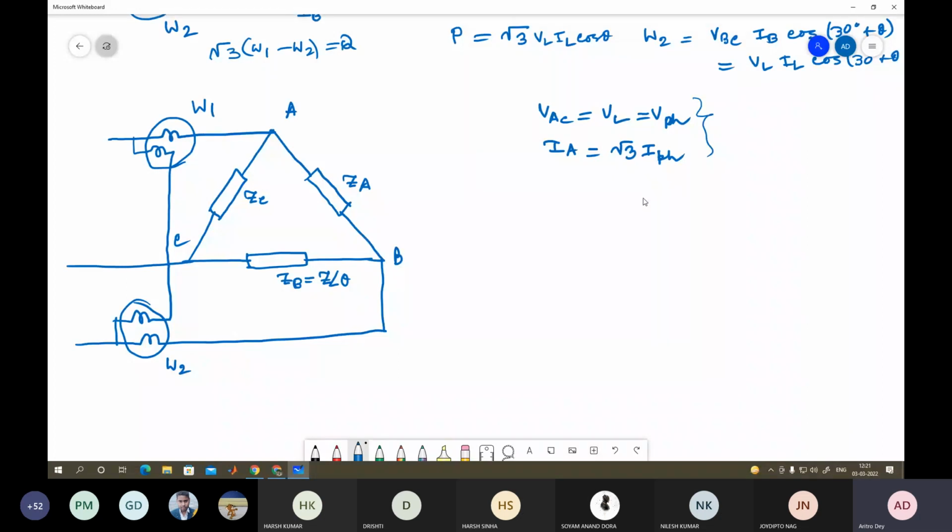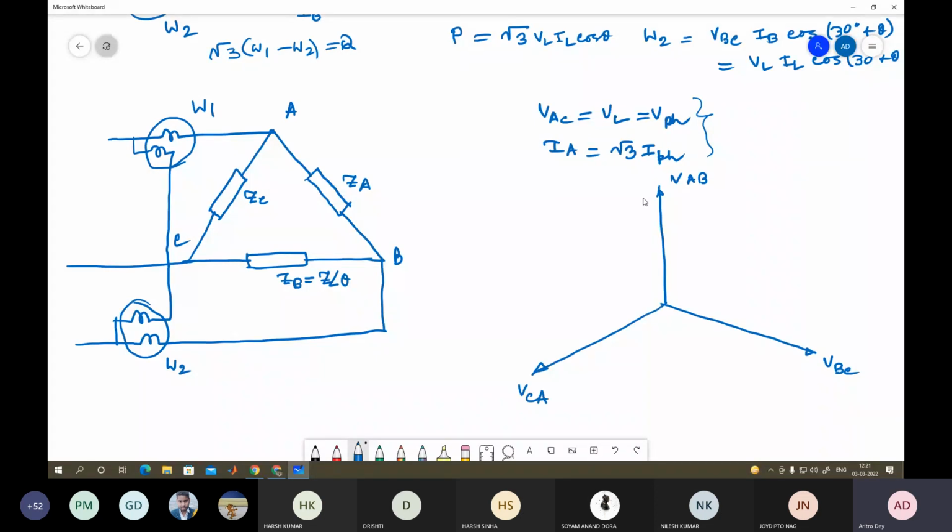Now if we draw the phase voltage here, if these are the phase voltages, I mean your VAB, VAC and VBC, these are the phase voltages, and that is same as the line voltage. Now what is your phase current? This is your VAB, VBC, VCA.